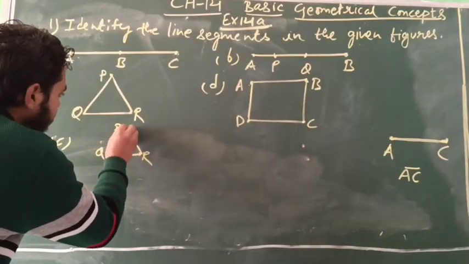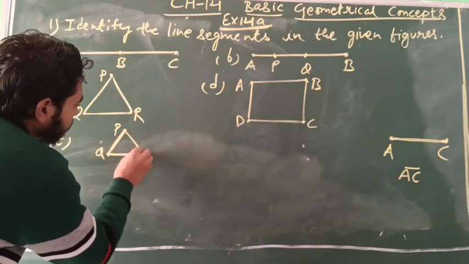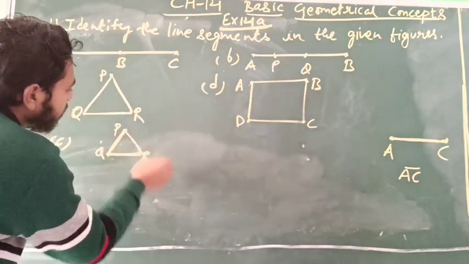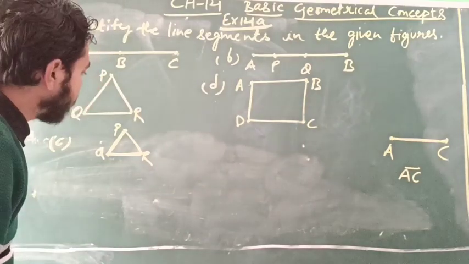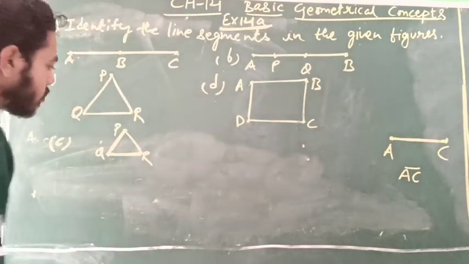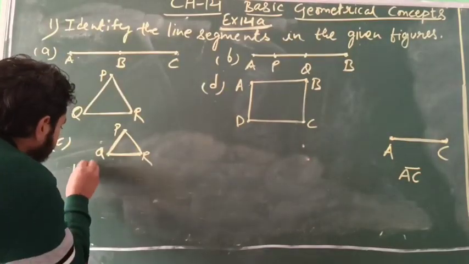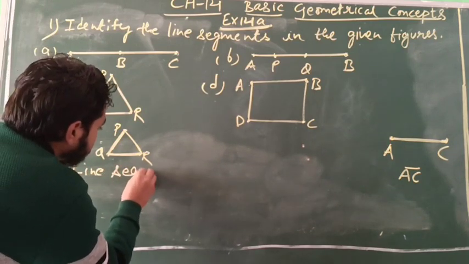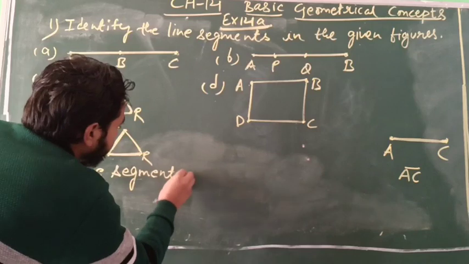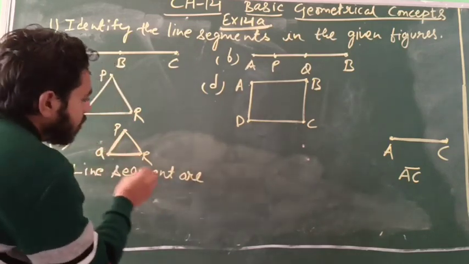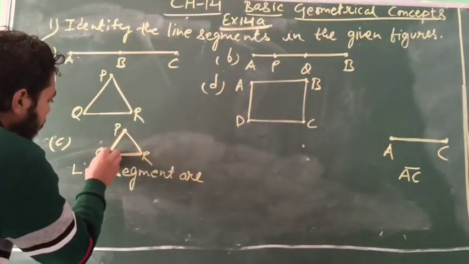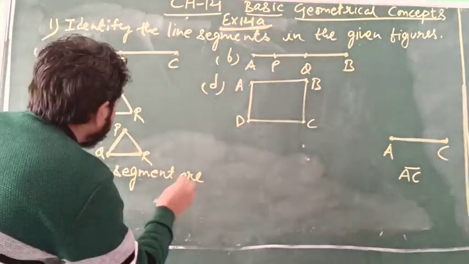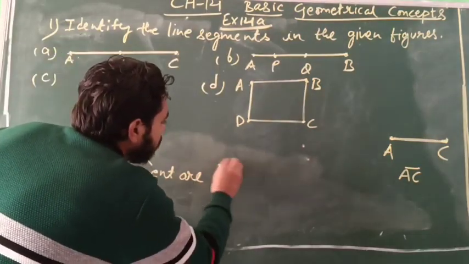PQ will be the first line segment, QR the second, and PR the third. When P and Q meet, they form a line segment PQ.